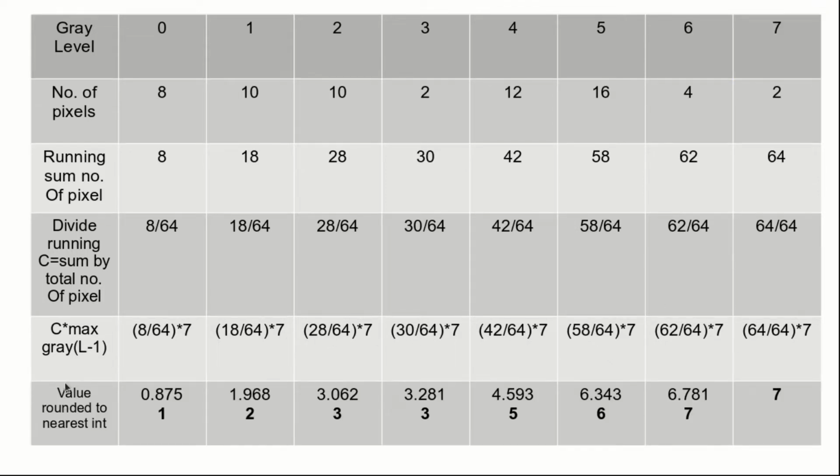The last row is the value rounded to the nearest integer. Calculate the previous row's value: 8 divided by 64 into 7 is 0.875, so take the rounded integer 1, and so on up till the last cell.